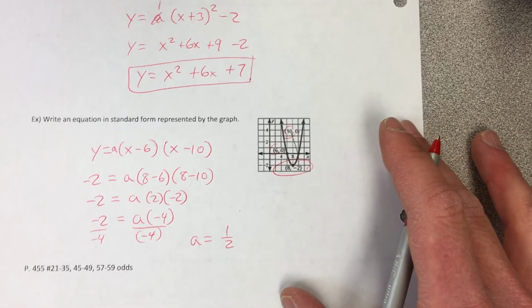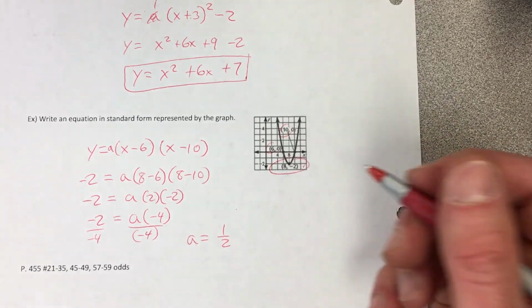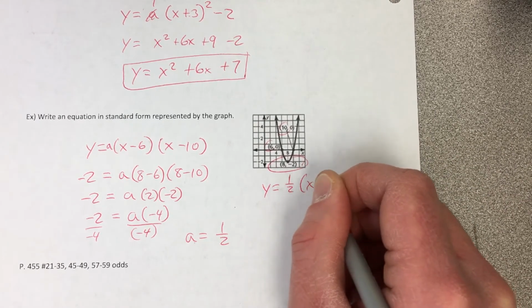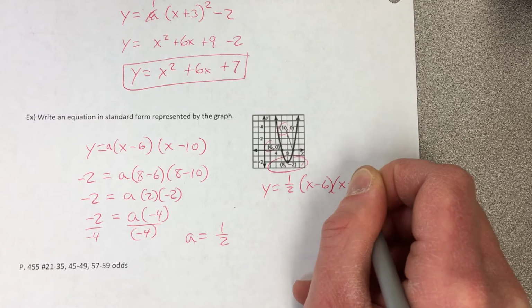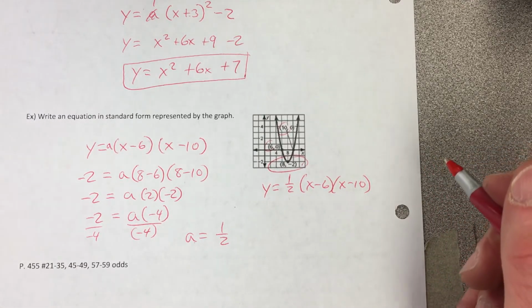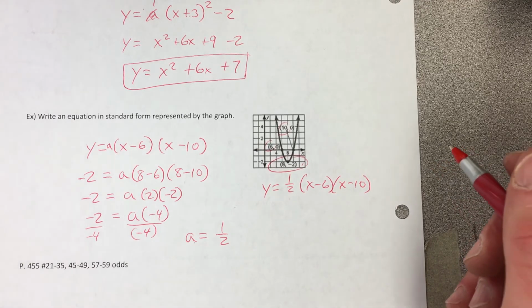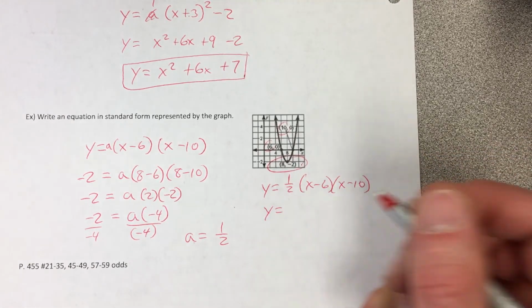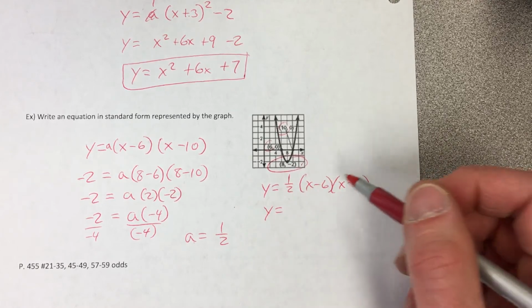We're not done yet, are we? We want to write this as 1/2 times x minus 6, x minus 10. That's intercept form, but what are they requiring of us? To write it in standard form. So we're gonna have to multiply this all out. I like to leave the 1/2 until the end.